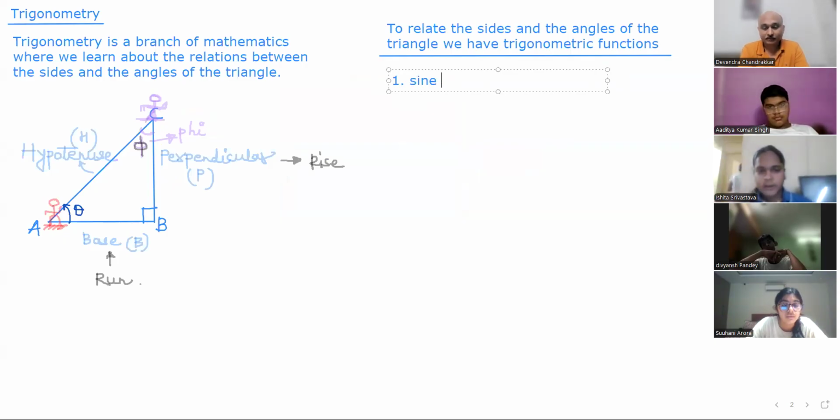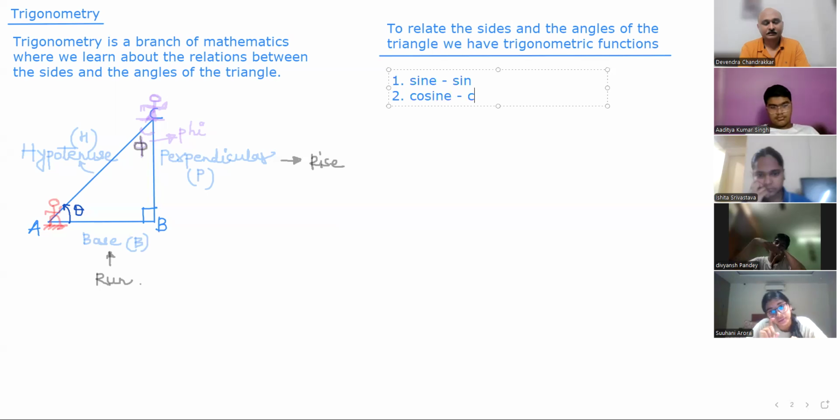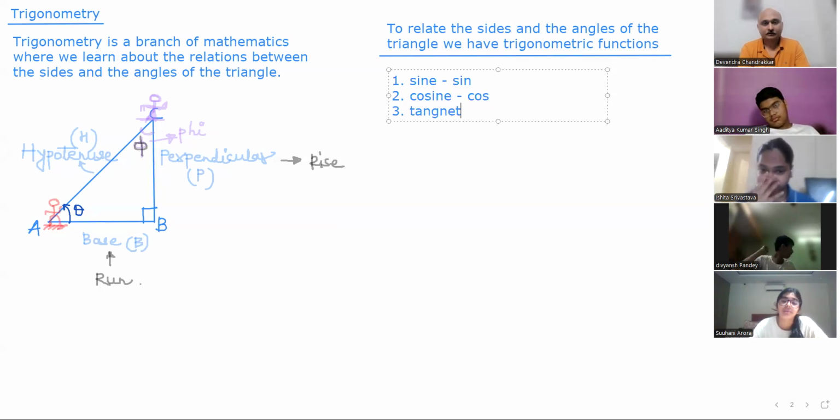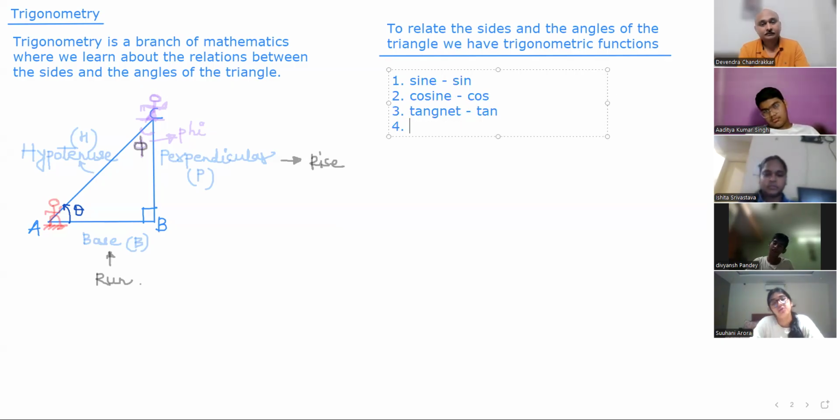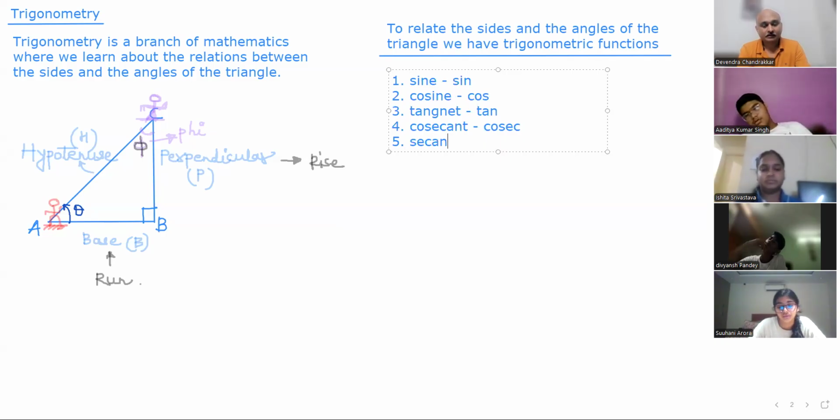First one is sine. In short, it is written as sin. Second one is cosine, written as cos. Third one is tangent, written as tan. Fourth one is cosecant, written as cosec. Fifth one is secant, written as sec.